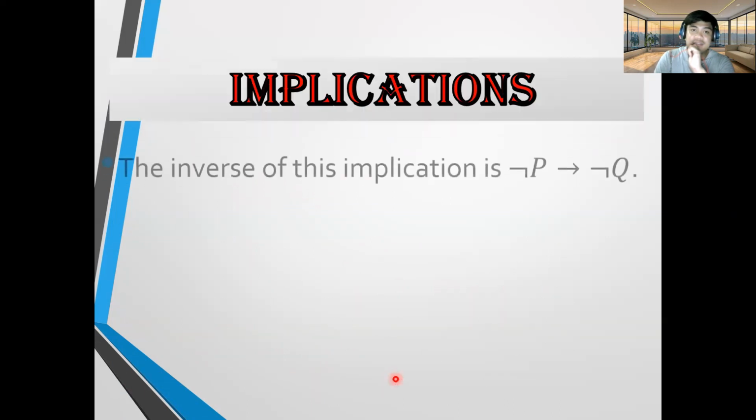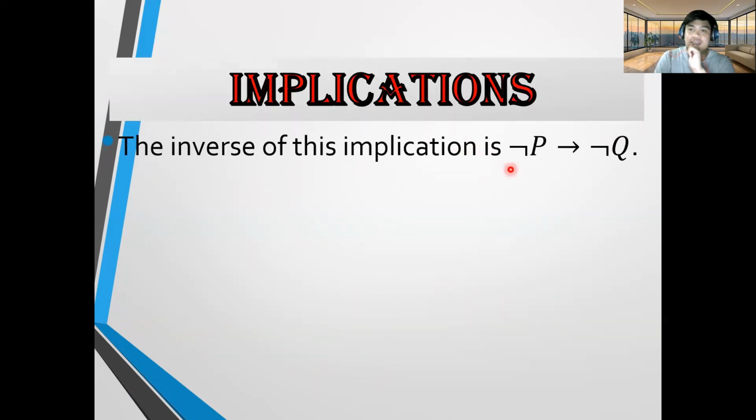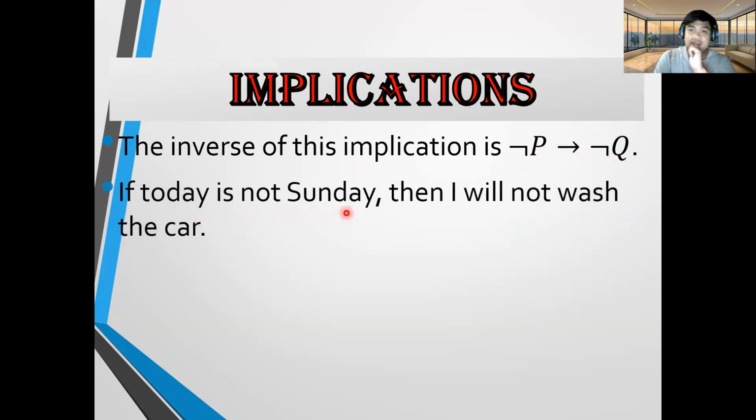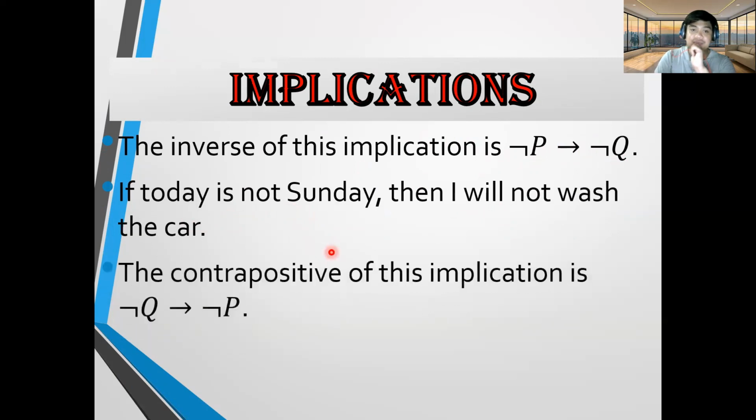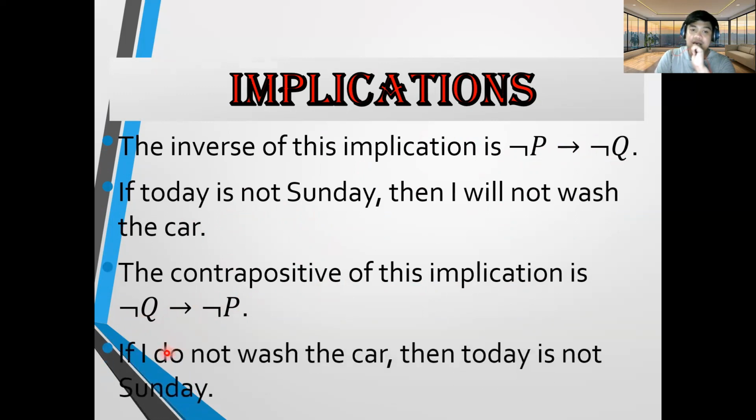The inverse of our implication is negative P implies negative Q. If today is not Sunday, then I will not wash the car. And then the contrapositive of this implication is not Q implies not P. So if I do not wash the car, then today is not Sunday.